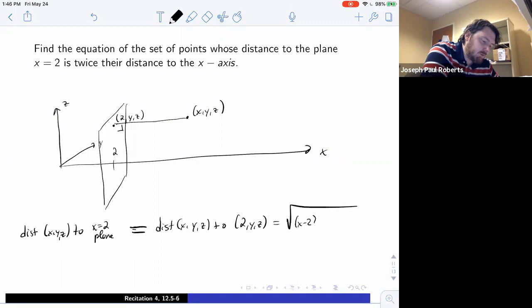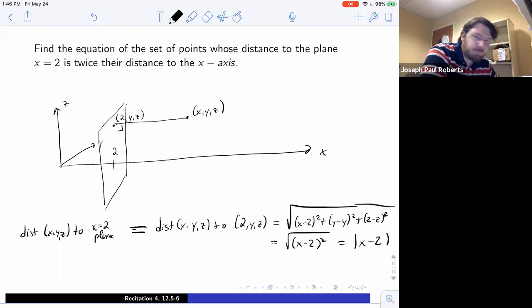You get the square root of x minus 2 squared plus y minus y squared plus z minus z squared, which is the square root of x minus 2 squared, which technically is the absolute value of x minus 2.